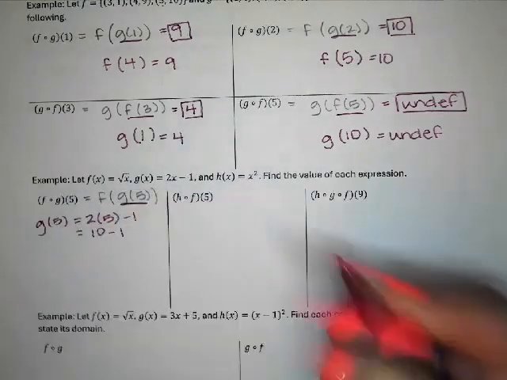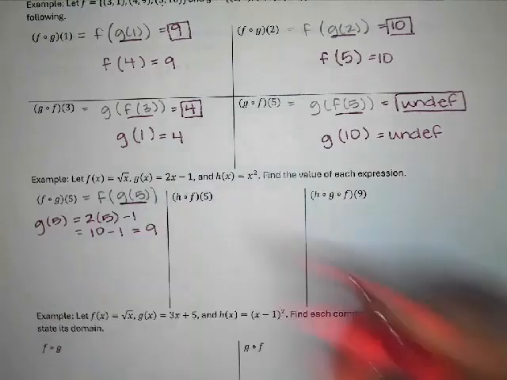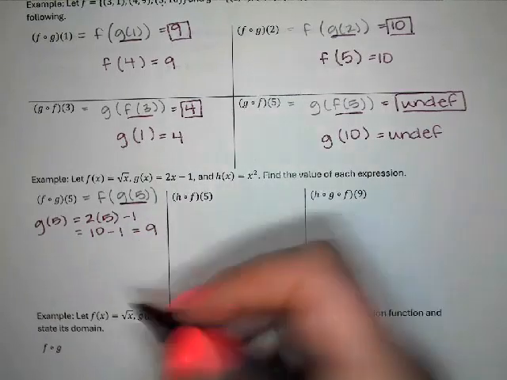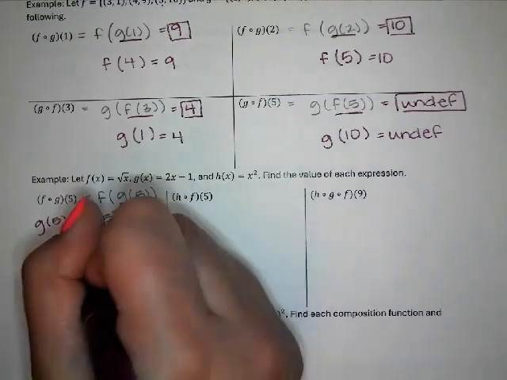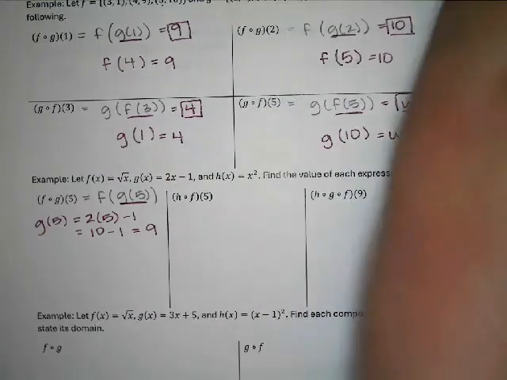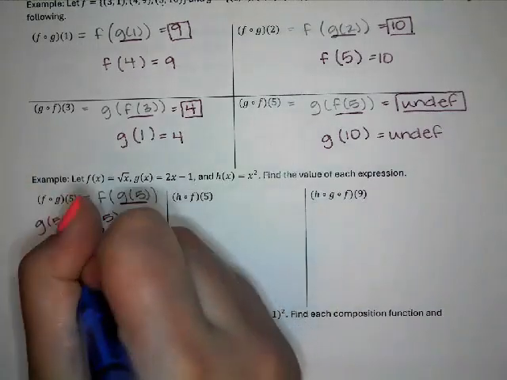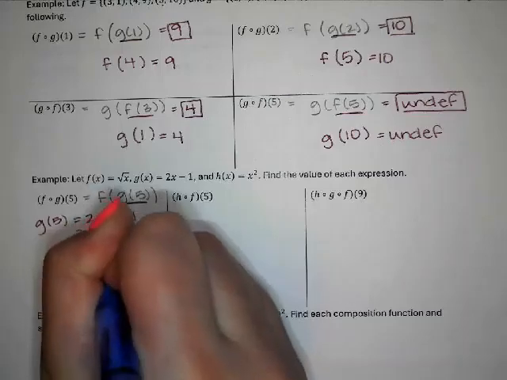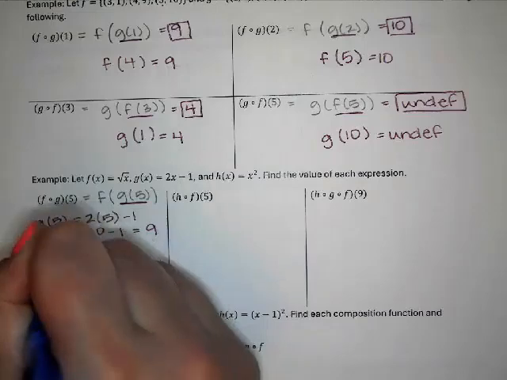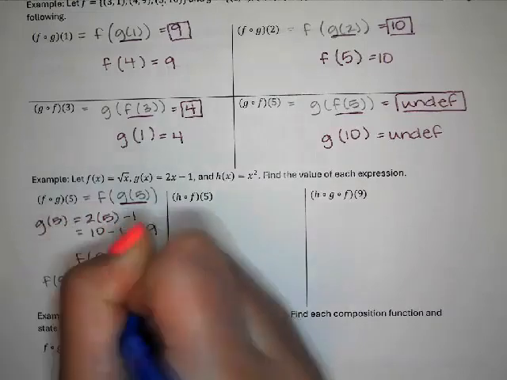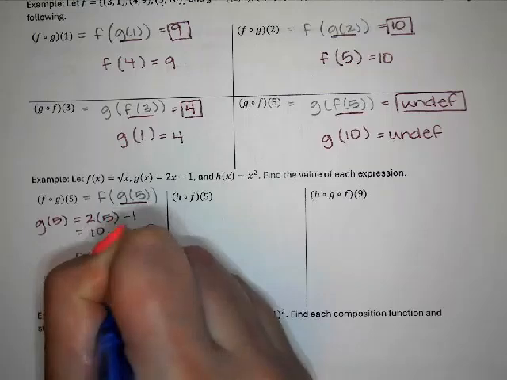So what I'm going to do next is take that 9 and plug it in here, and to finish the problem, I'm going to do f of 9. And now I can do f of 9 is the square root of 9, which is 3. So my final answer is 3.